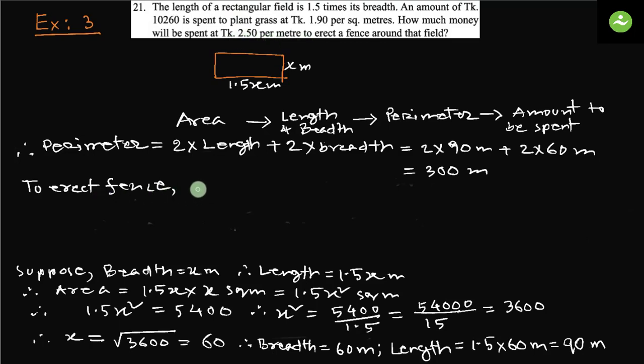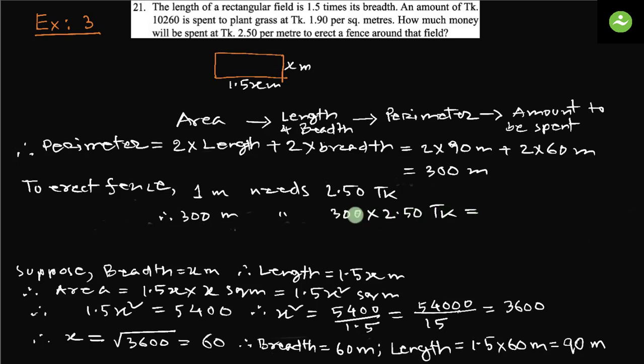So 1 meter needs 2.50 taka. Therefore 300 meter needs 300 multiplied by 2.50 taka, which equals 300 into 2 is 600 and half is 150, so 750 taka.